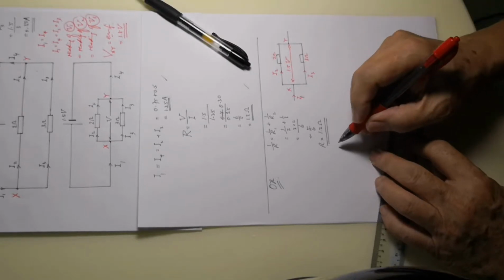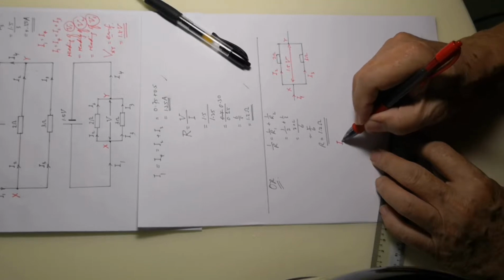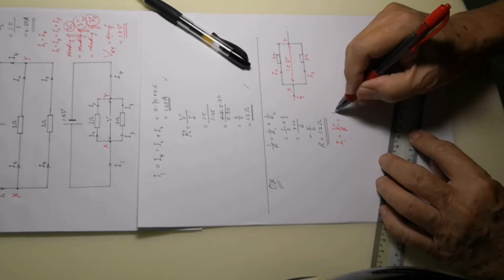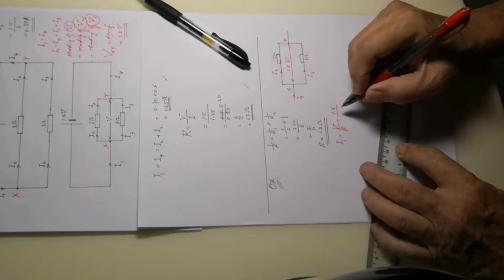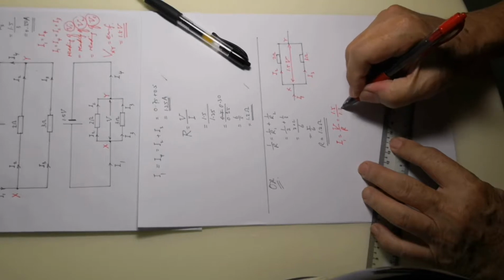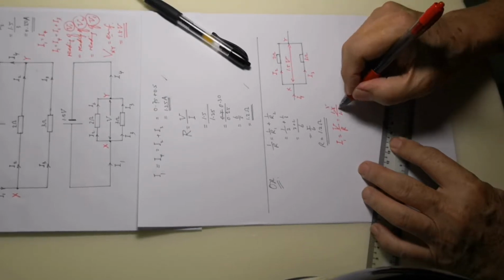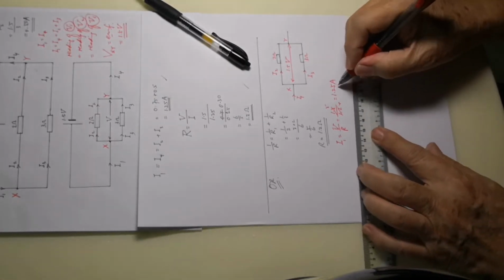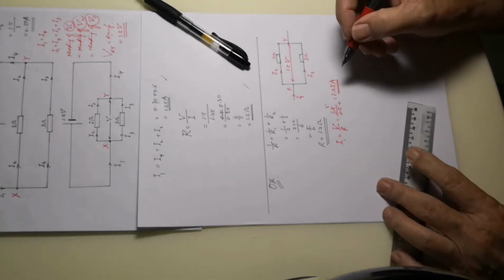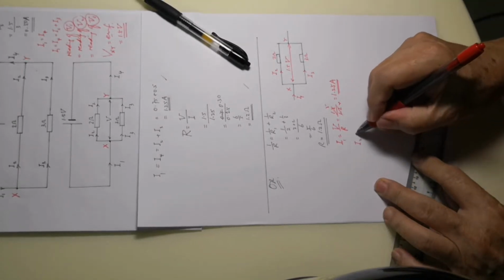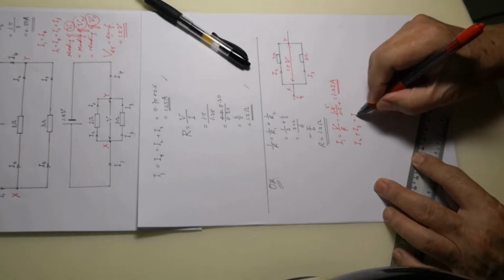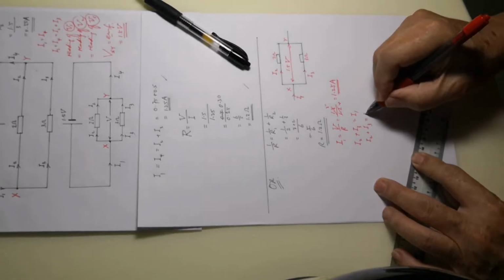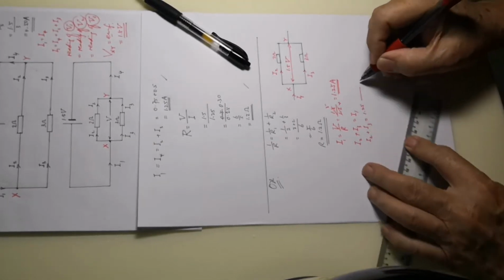So first, we may find I1 by using V over R. V is 1.5, R is 1.2, which gives me 1.25 ampere. So I get the total current first. But I2 plus I3 equals I1, so I2 plus I3 equals 1.25 ampere.